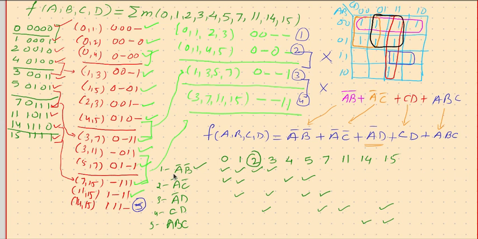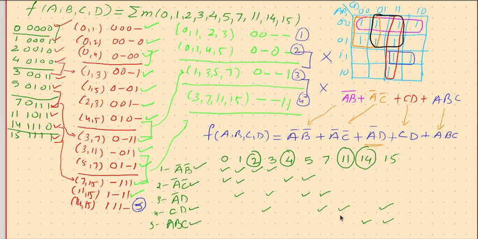Okay, let me check. So minterm 4 also has a single entry. So A bar C bar is a must. Minterm 5 two terms are there, minterm 7 two are there, minterm 11 again there is single entry, that means CD is compulsorily required, and hence for 14 also this ABC is compulsorily required.